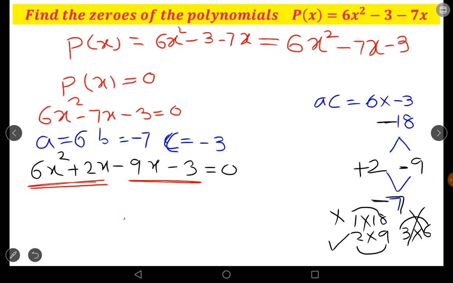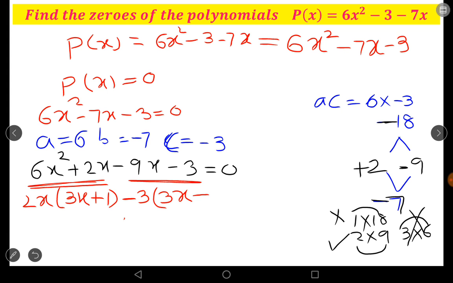Here in this pair 2 is also common, so 2x is common, giving 3x plus 1. Here in the third term the symbol is negative and 3 is also common, 3 3 is a 9x.